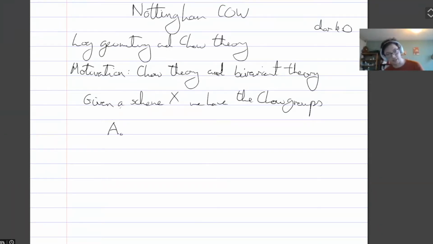So I'm going to write these as A lower dot of X, and they're a dimension graded abelian group. And they consist of cycles on X, so closed integral subschemes of X up to rational equivalence.